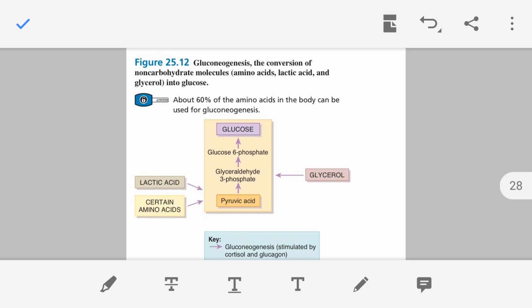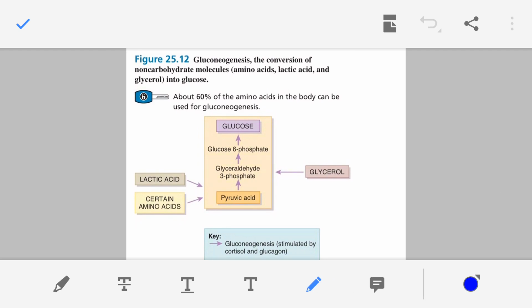Then this process, gluconeogenesis. What is gluconeogenesis? Conversion of non-carbohydrate molecules, amino acid, lactic acid and glycerol. They are converted into glucose.